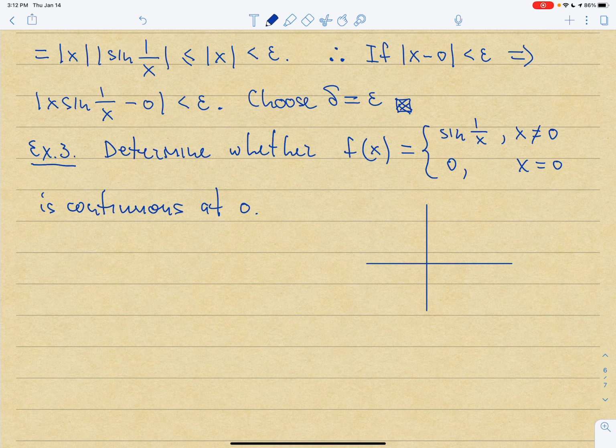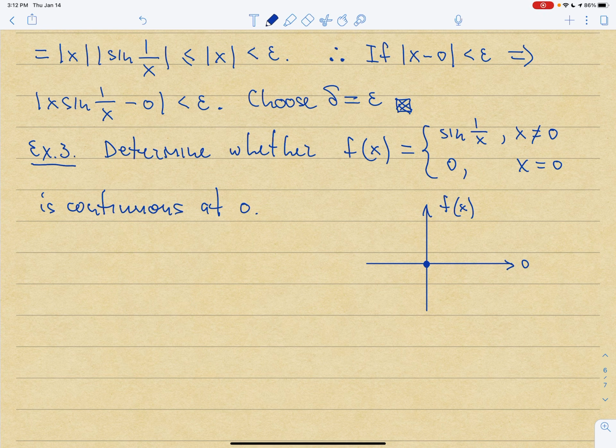Oops. In fact, this is not just sine of 1 over x, this is f of x. All right, so the value at 0 is equal to 0. That's easy.